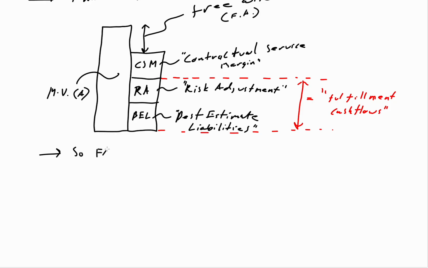So free assets is equal to market value of assets minus the BEL minus the RA minus the CSM.